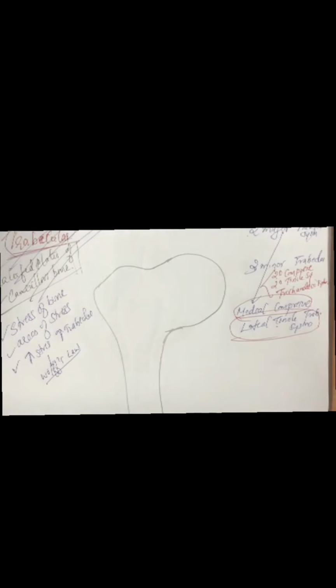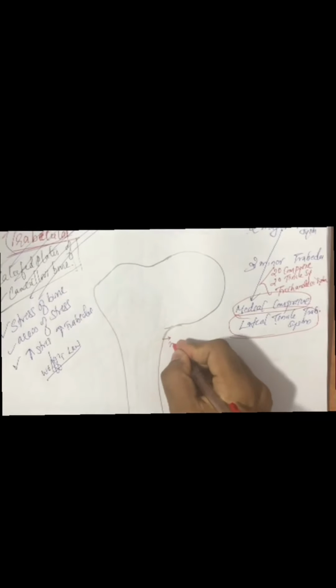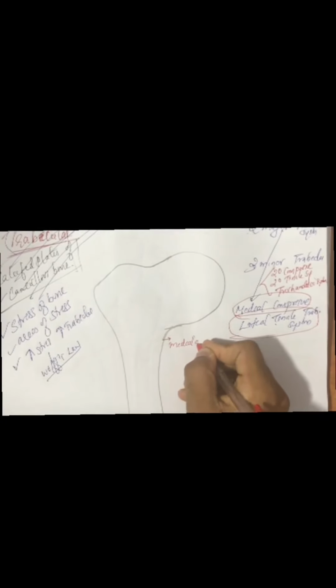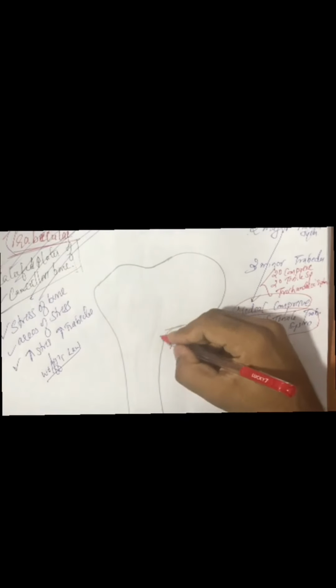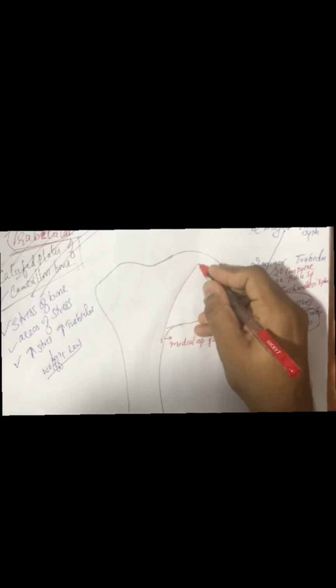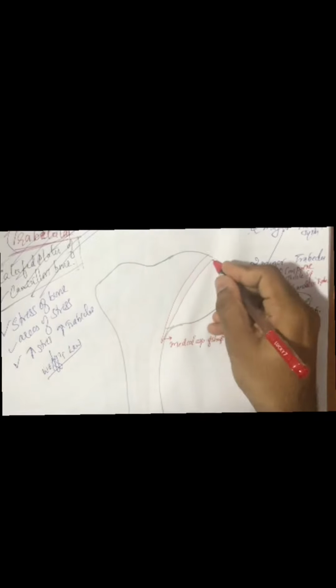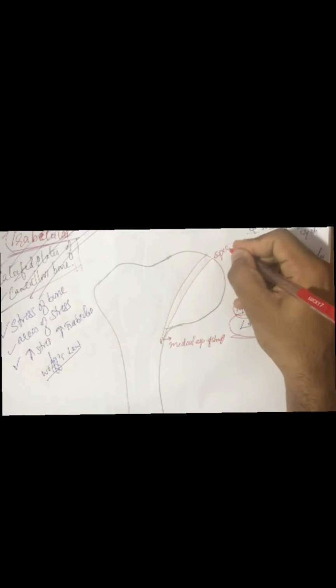So let us see the first one, the medial compressive. The medial compressive trabecular system arises from the medial aspect of the shaft. They arise from this point and transmit to the superior part of the head.